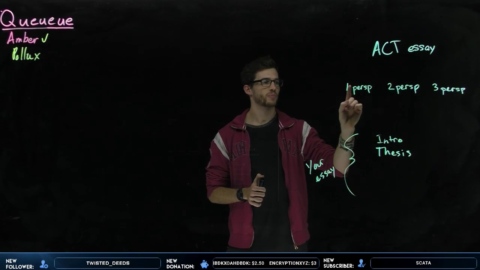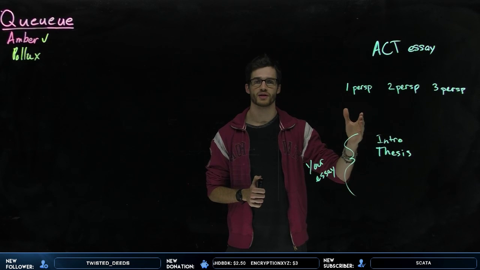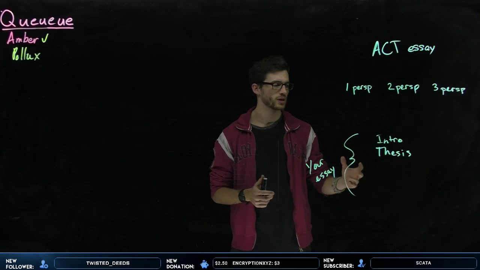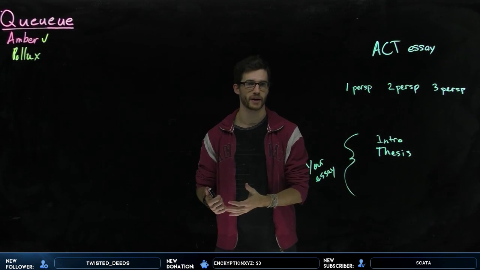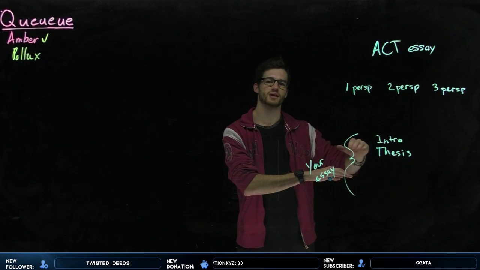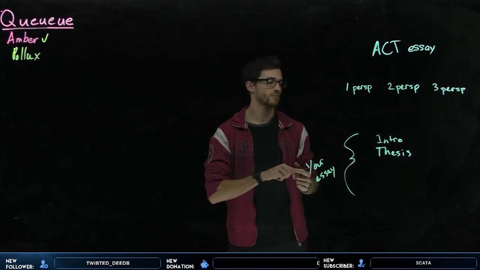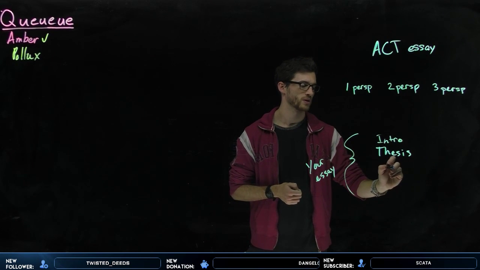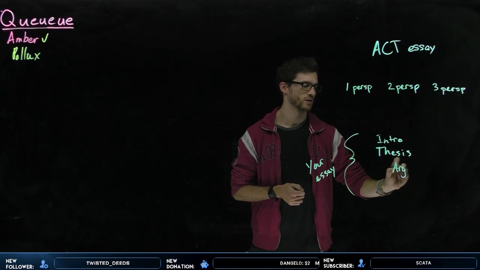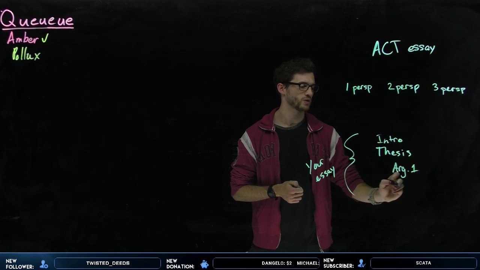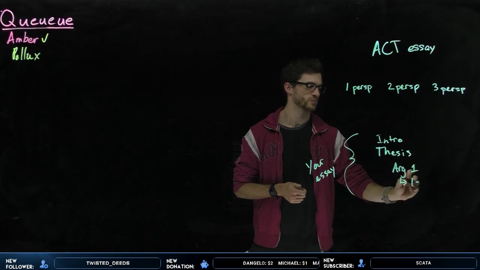So if perspective 1 agrees with your thesis, in part or in whole, then it can be maybe one of your body paragraphs. Because you can have a thesis on a little bit higher of a level, and then say, well, this is my first body paragraph. So you have argument 1, and it will incorporate the first perspective.